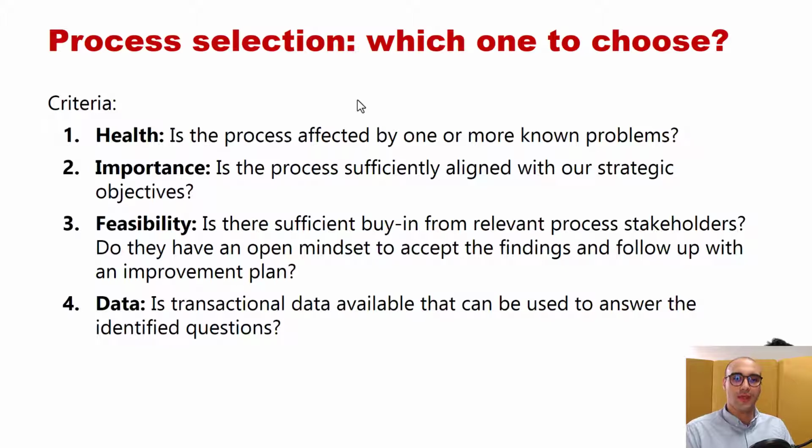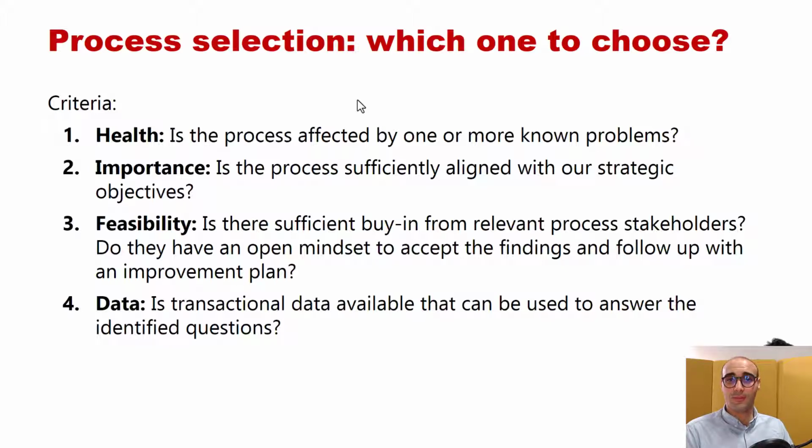The second criterion is the importance. Is it an important process for the organization? Is it being executed by many people, or is it rare, for 10 customers or something? You would like to end up with important business processes, because improving such processes will have a large impact on your organization. The third criterion is the feasibility.